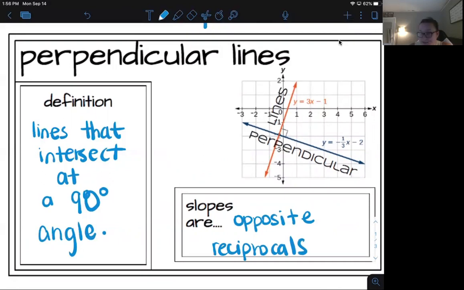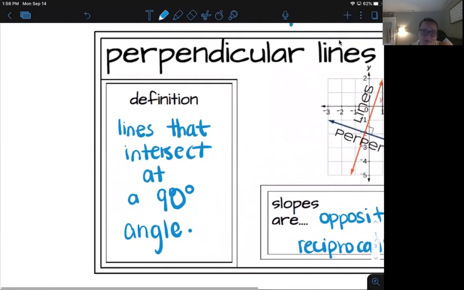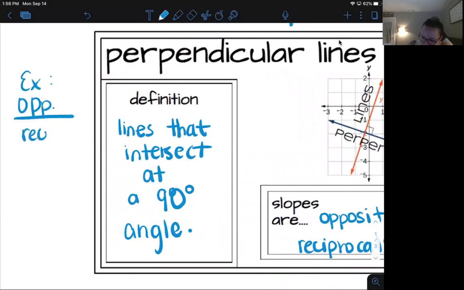What that means is, I'm going to make some notes about opposite reciprocals off to the side. Here are examples. Let's say you have 1/2.